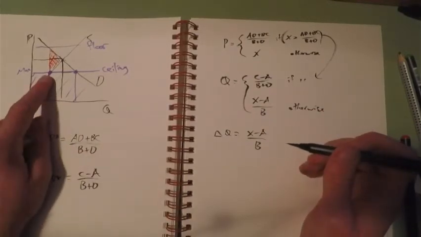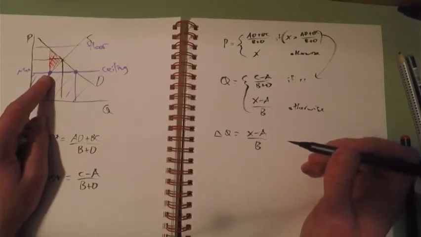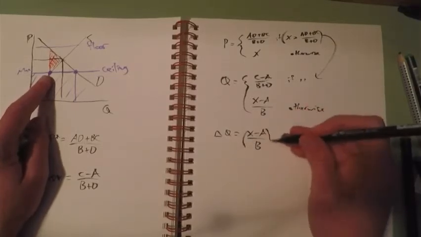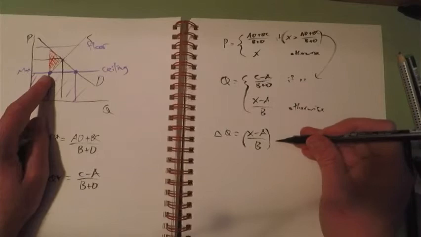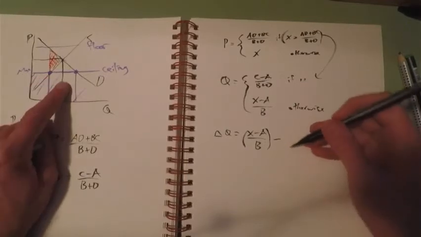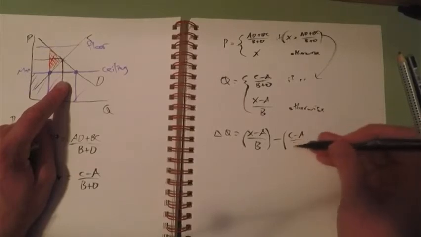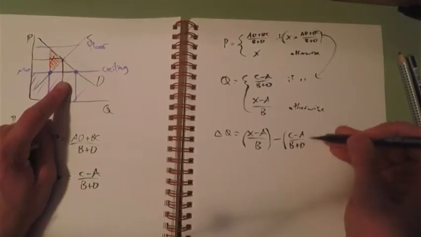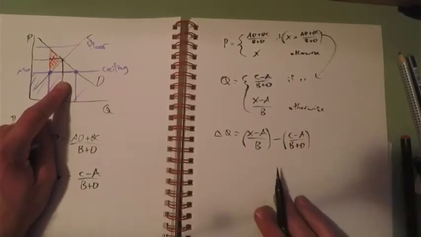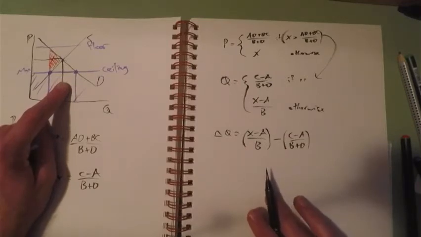Our equilibrium quantity given a binding price ceiling, minus the quantity we would get without that ceiling, which would be C minus A over B plus D. All right, that's not too bad.